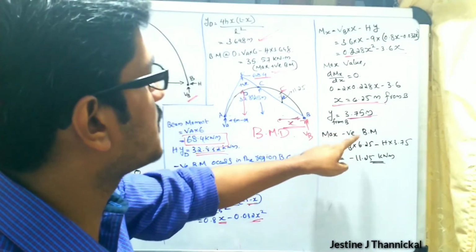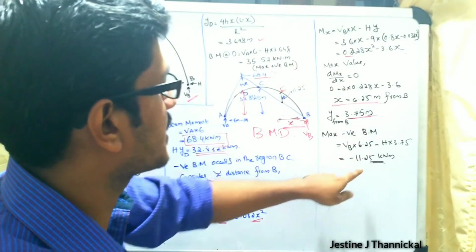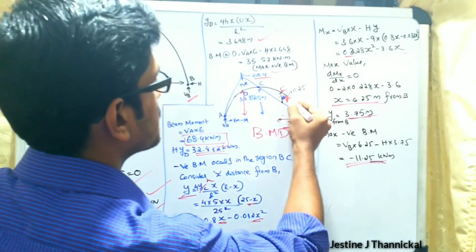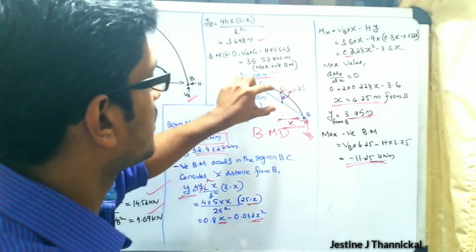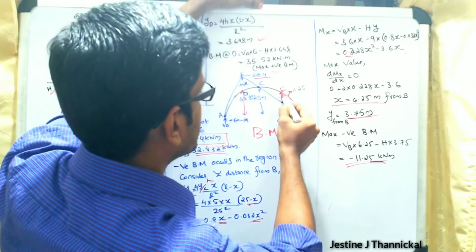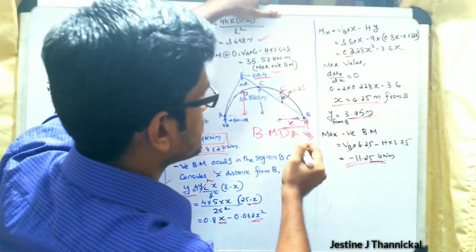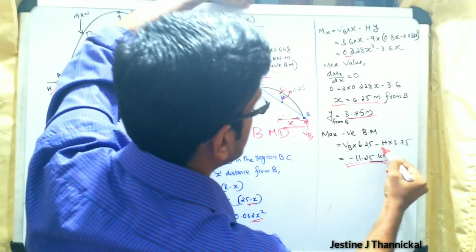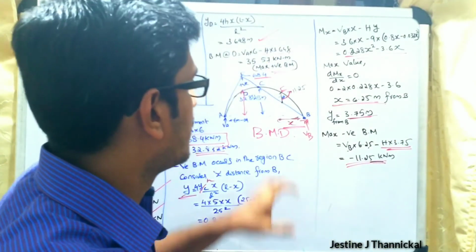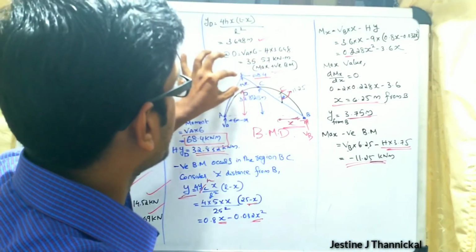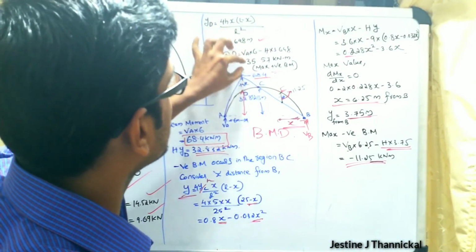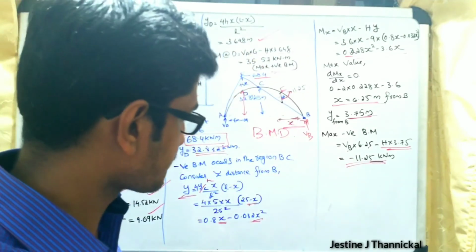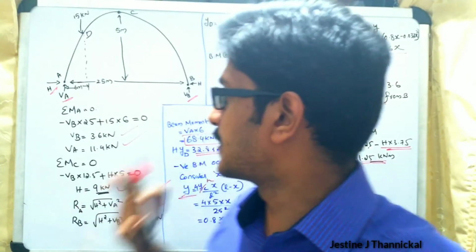If you substitute the values in this equation, the maximum negative bending moment you will obtain is minus 11.25 kilonewton meter. That means VB multiplied by 6.25 gives the beam moment, minus H into y. The final values obtained here: the positive bending moment value is 35.57 and the negative bending moment value is 11.25. So this is the case related to this problem.